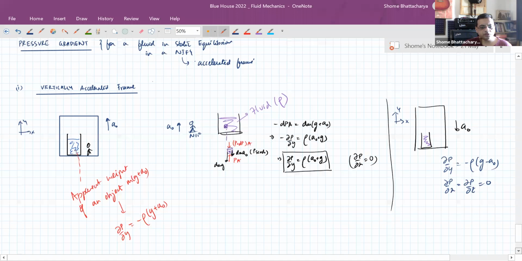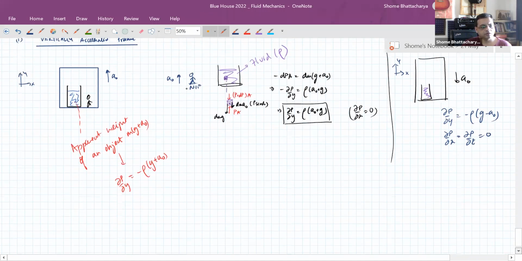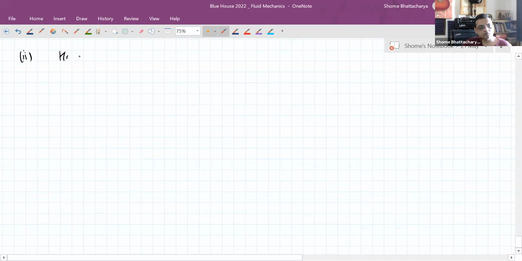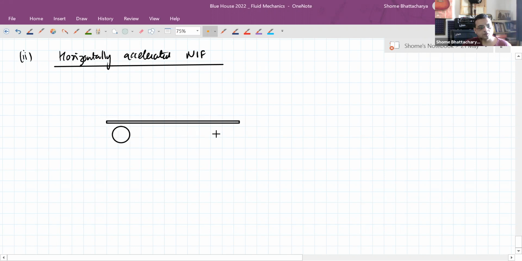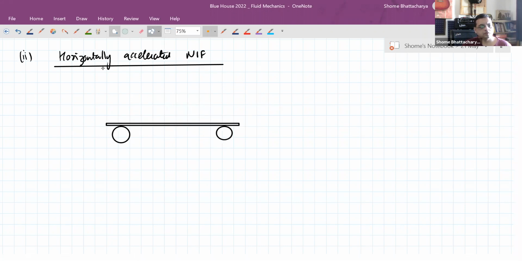Now let's come to the more interesting case of a horizontally accelerated situation. Okay, so if we have some situation like this, now we've kept an open tank in a vehicle which is accelerated horizontally like this.